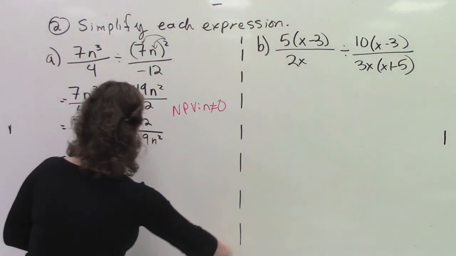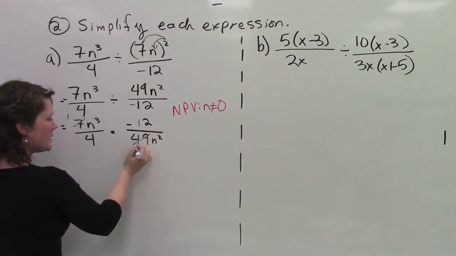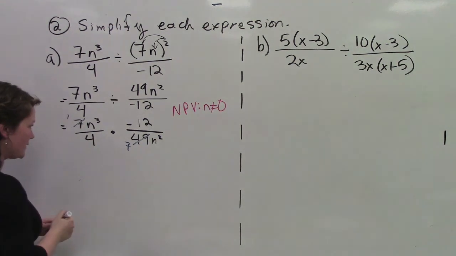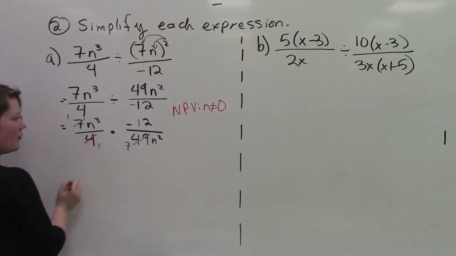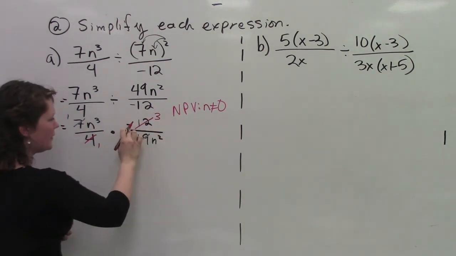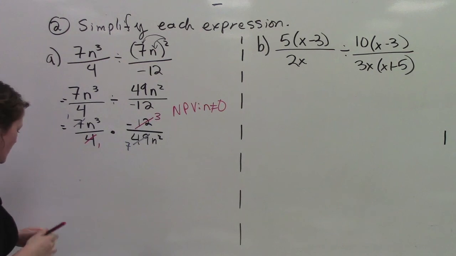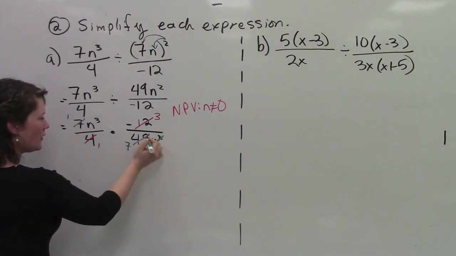Now, let's cancel everything we can. 7 goes into itself once. 7 goes into 49 7 times. 4 goes into itself once. 4 goes into negative 12, negative 3 times. Last but not least, n squared.